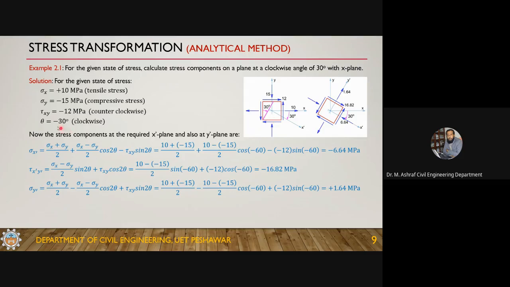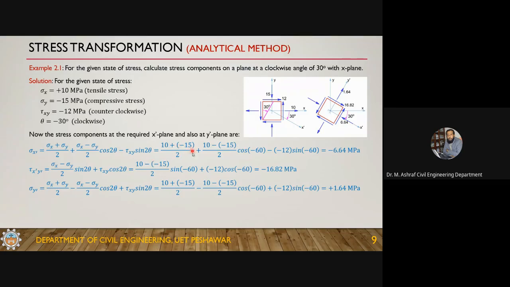This is a clockwise angle, and for a clockwise angle the sign conventions for shear and theta are opposite. Shear clockwise is taken positive, but theta counterclockwise is taken as positive. Since this is clockwise, theta is taken as negative. Now plug in the values. Sigma x prime is equal to sigma x plus sigma y by 2 plus sigma x minus sigma y by 2 cos 2 theta plus tau xy sine 2 theta.